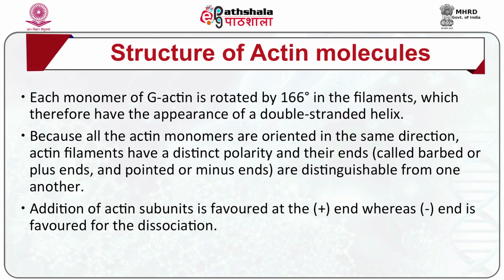Because all the actin monomers are oriented in the same direction, actin filaments have a distinct polarity and their ends, called barbed or plus ends, and pointed or minus ends, are distinguishable from one another.